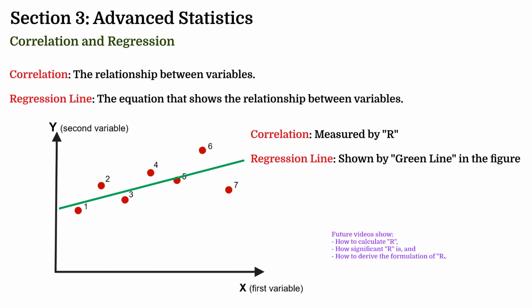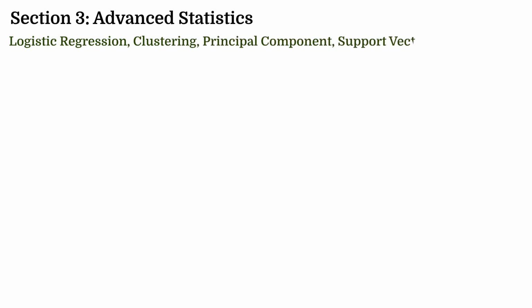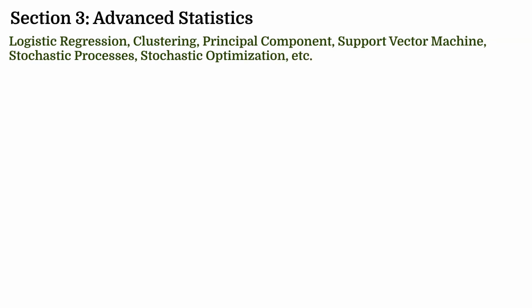More on advanced statistics topics such as logistic regression, clustering, principal component, support vector machine, stochastic processes, stochastic optimization, etc. Logistic regression extends the idea of the regression line to situations when the dependent variable is an integer.